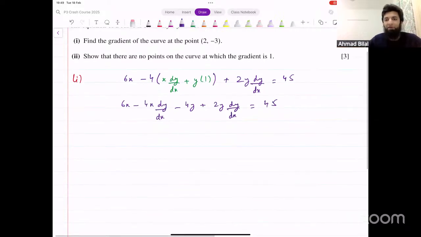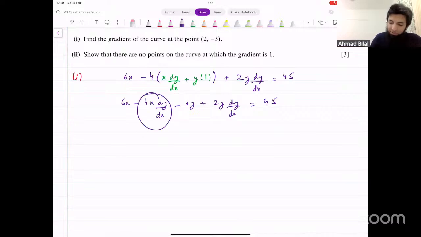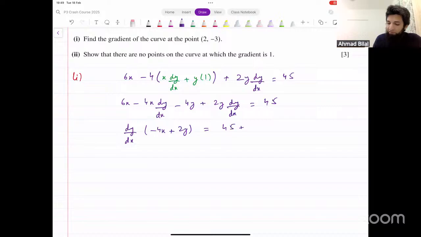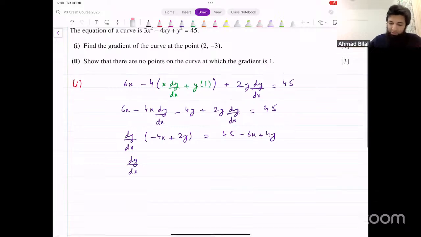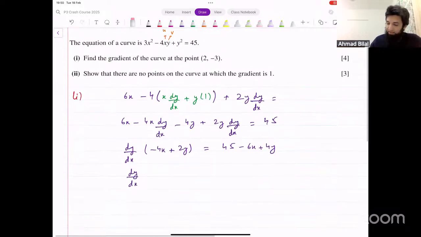Now take dy over dx common from these two terms, this and this. So it becomes dy over dx times (minus 4x plus 2y). Take all the other terms to the other side, 45 minus 6x plus 4y. Wouldn't 45 be 0? Okay, I'm sorry, I missed that. So that's a common careless error that happens in the exam as well.